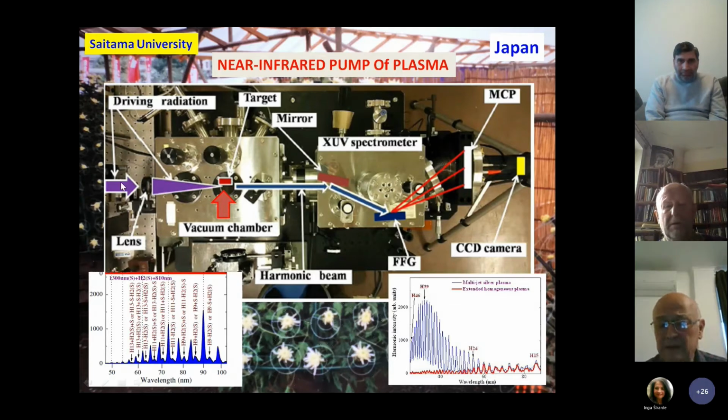This plasma can be analyzed by different driving radiation. It can be either a fixed laser, a titanium sapphire laser, or from other lasers like OPA and so on. What in that case can we gain?